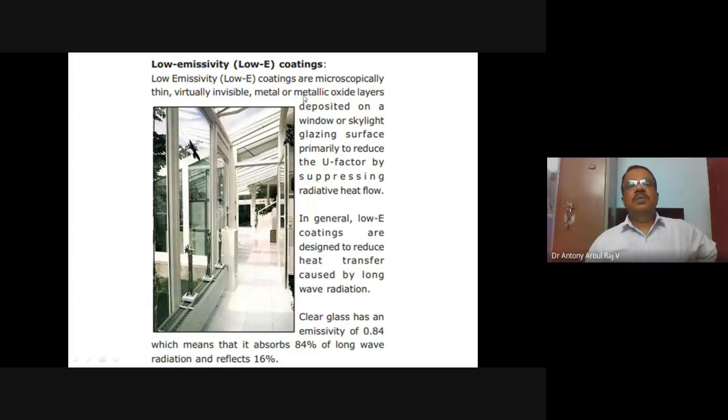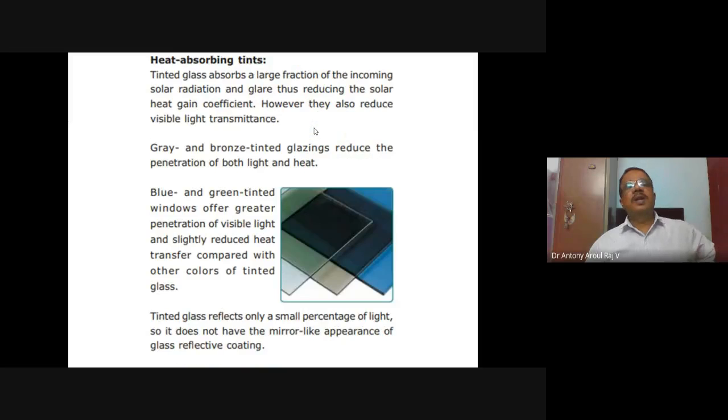Low emissivity coating, that we have discussed now. How do we do the low emissivity coating? Microscopically thin, virtually invisible metallic or metallic oxide layers are deposited on one side of the window. That is how we do that. But where we are going to put our low emissivity coating is very important. In a winter country you are going to put it inside. Even in a summer country you are going to put it inside only. And heat absorbing tints also we have discussed so far.